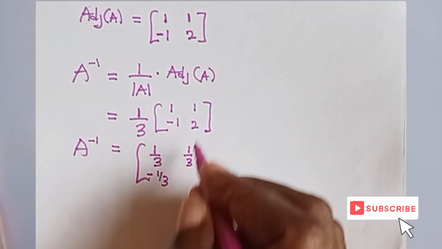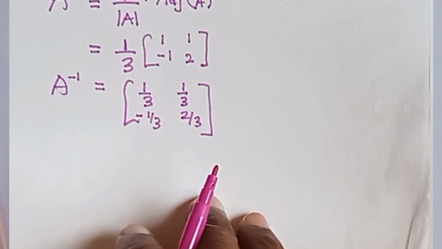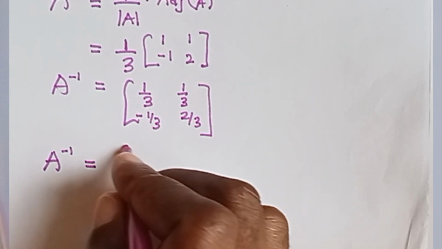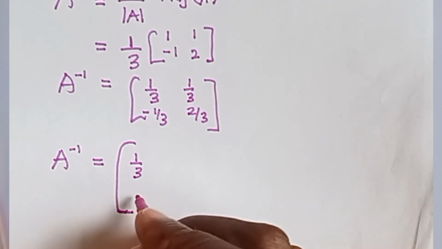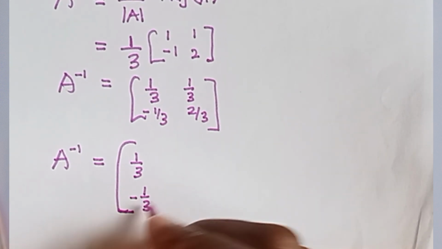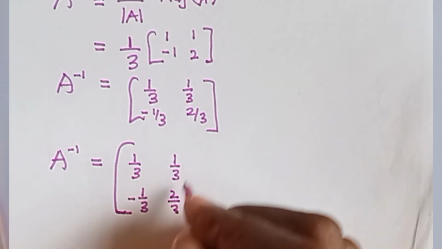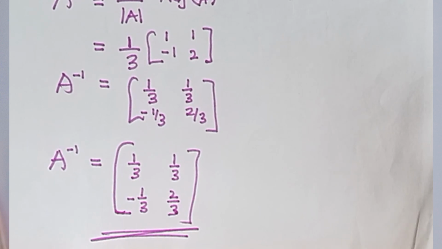And 1 over 3 times 2, we have 2 over 3. Let me write this properly. We have the inverse of A equal to 1 over 3, minus 1 over 3, 1 over 3, and 2 over 3. This is our final answer.